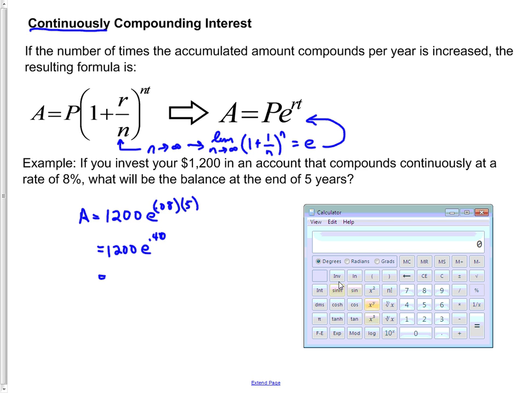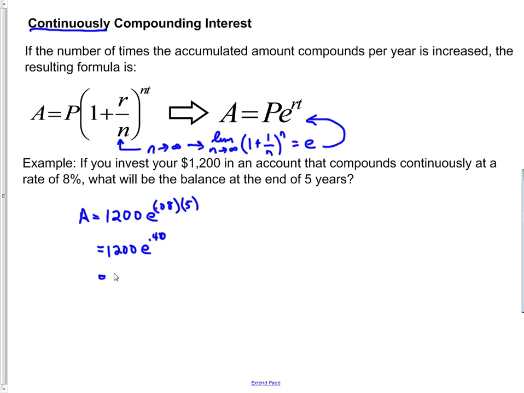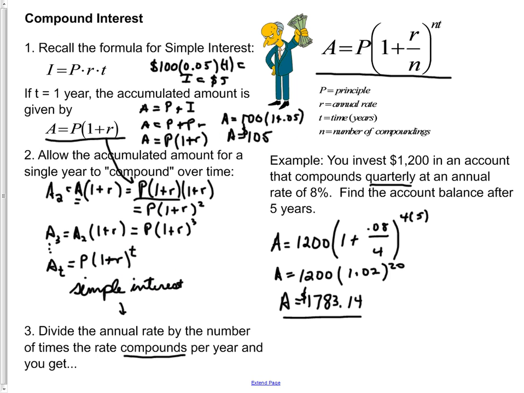So e to the 0.4, multiplied by that 1,200 amount. This time I get $1,790.19.